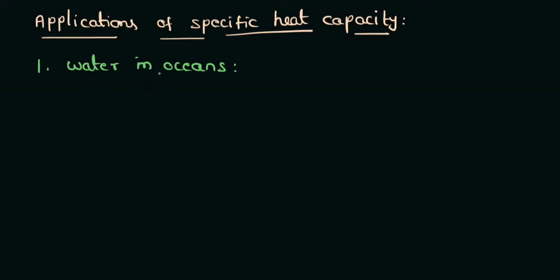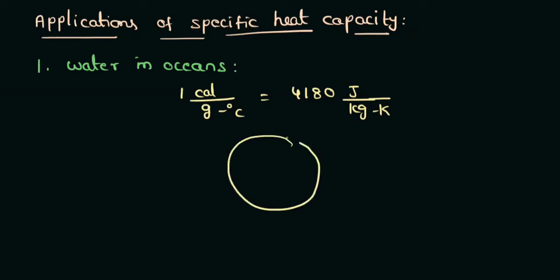What is the specific heat capacity of water in the CGS system? 1 calorie per gram degree Celsius, which equals 4180 joules per kg Kelvin in the SI system. How does it help us?